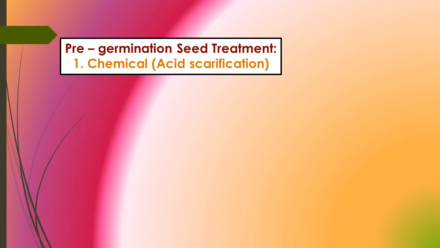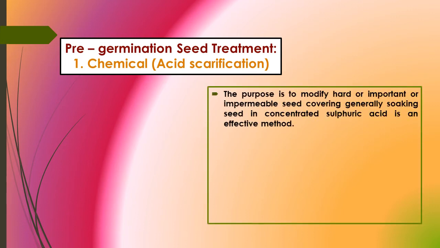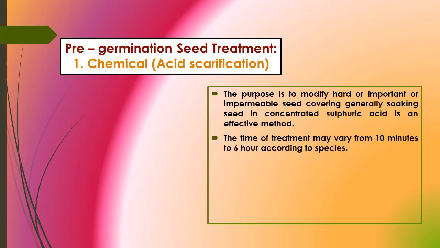For example, the first treatment is chemical or acid scarification, in which a hard or impermeable seed coat can be broken down by concentrated sulfuric acid, which is an effective ingredient to soften the seed coat.